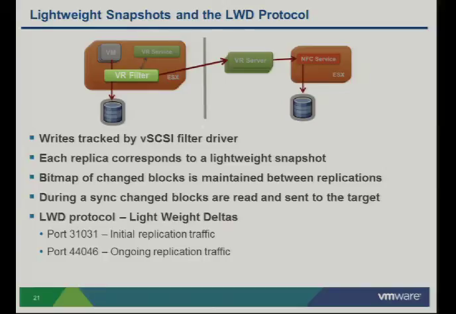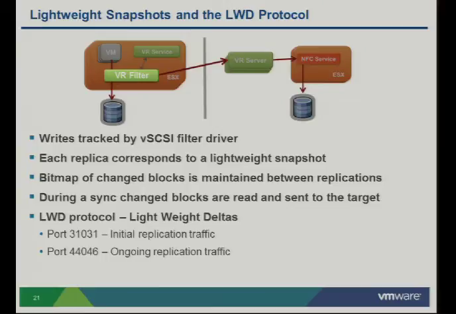Let's talk a little bit about what we call the lightweight delta protocol, or LWD protocol. This is our proprietary protocol that is used to send replicated traffic from the vSphere replication filter in the SCSI level, in the SCSI stack in the ESX.